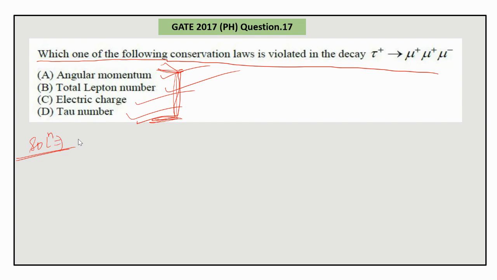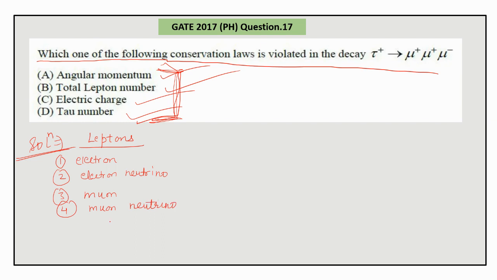So see, for this question, if you see, so leptons: electron, electron neutrino, muon, muon neutrino, tau, and tau neutrino.